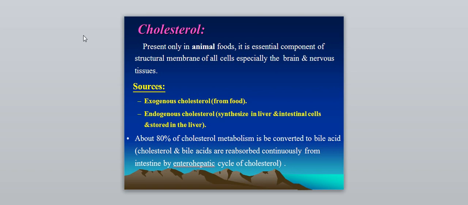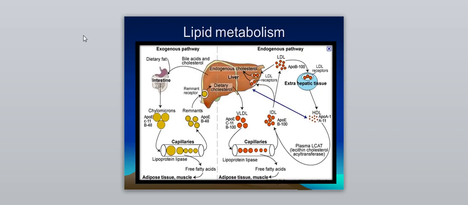Cholesterol and bile acid are reabsorbed continuously from the intestine by the enterohepatic cycle of cholesterol. This is the metabolism. As we said, we have endogenous, which is formed inside the liver, and exogenous, which is taken from the food.